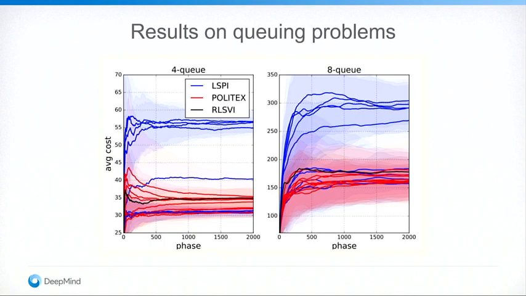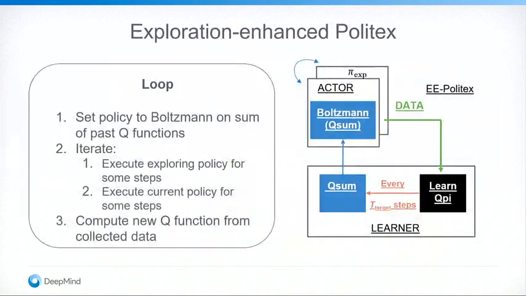For MDPs, it's not so clear that that would be the case. So we're not making any claims about that. We just observe that in some problems, maybe you don't need that much exploration. Like in queuing, it seems that the system is kind of exploring everything for you, and the features are helping you. We have a more precise formulation of this in the paper with linear function approximation, but more recent work.